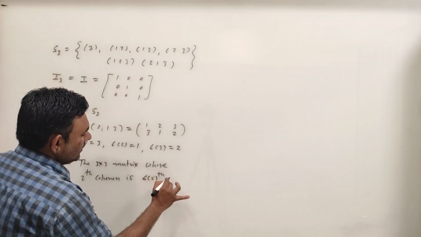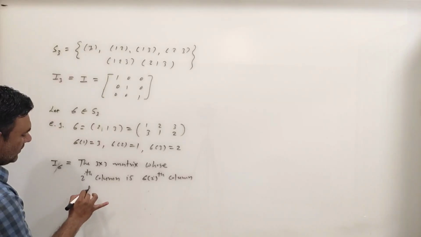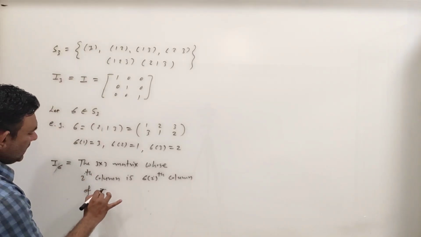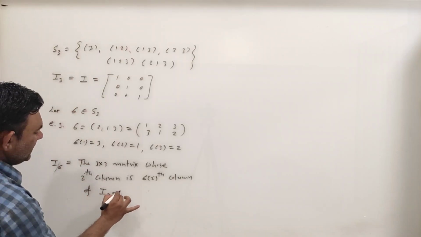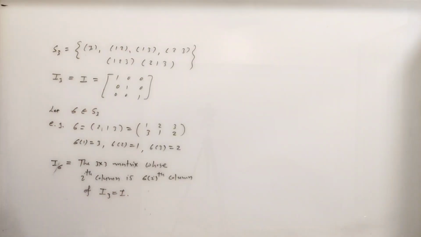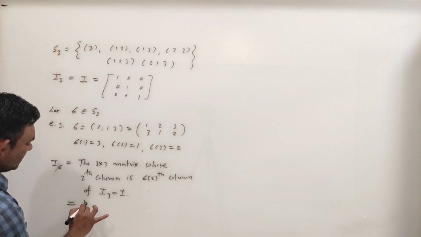Sigma ith column of the identity matrix, that is I3, or you say I. So let me produce this I sigma, and this matrix is called permutation matrix.